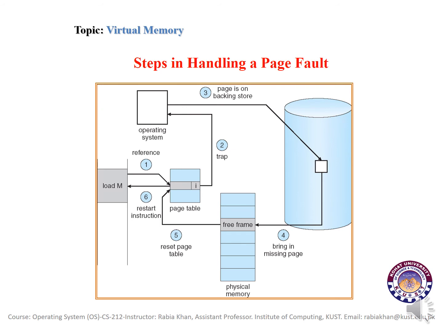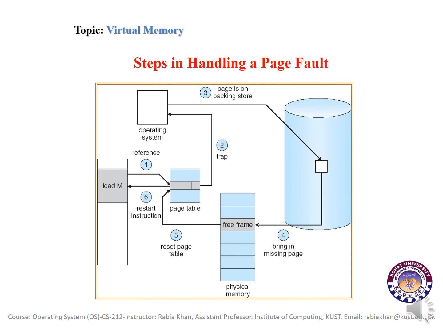All the steps discussed in the previous slide are represented diagrammatically here. Step 1 is a page is referenced by a running process in RAM. So the operating system indexes that page in the page table, and if its validation bit is found 0 or I, that means it is invalid.